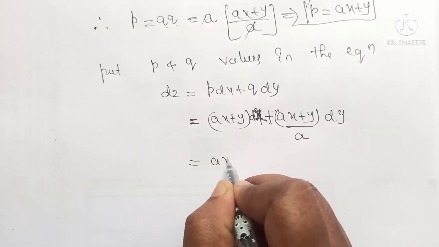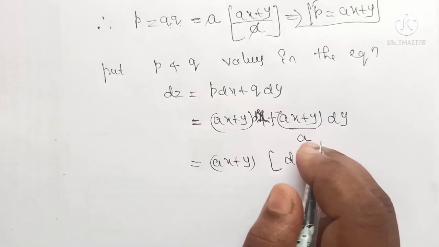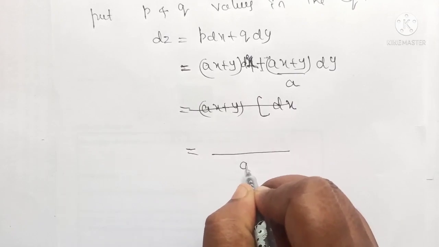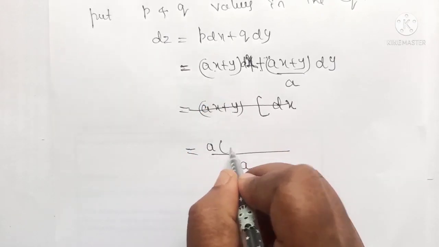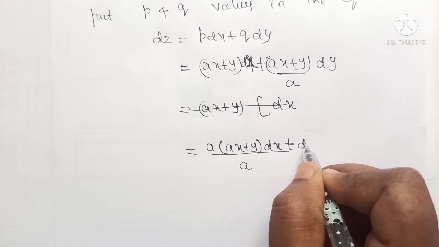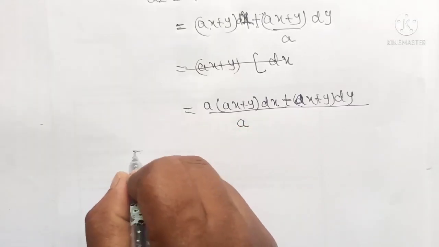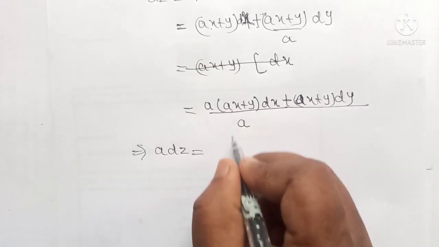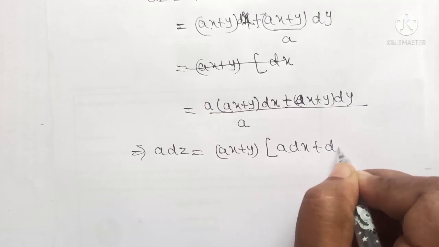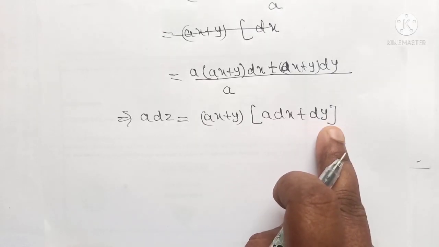Taking a as the LCM, we get a dz equals (ax plus y) dx plus (ax plus y) dy, or sending this a to the other side, a dz equals, taking ax plus y common, (ax plus y) times (a dx plus dy). So here we get a dx plus dy.